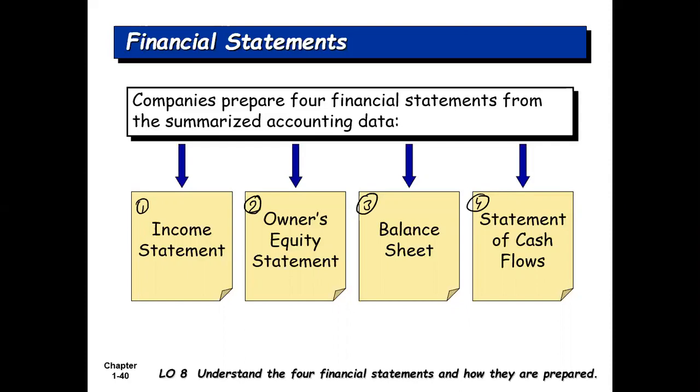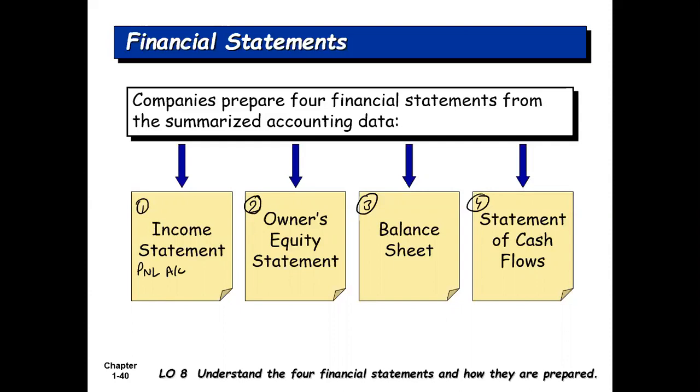alternate names. For example, the income statement is also called the profit and loss account, and in short that is called the P&L account. So sometimes profit and loss statement or profit and loss account is used in place of income statement, and sometimes it's called the statement of comprehensive income.